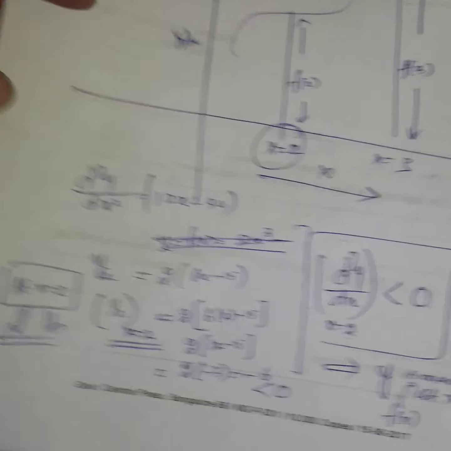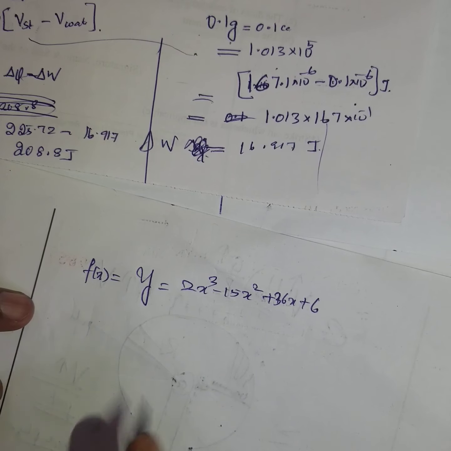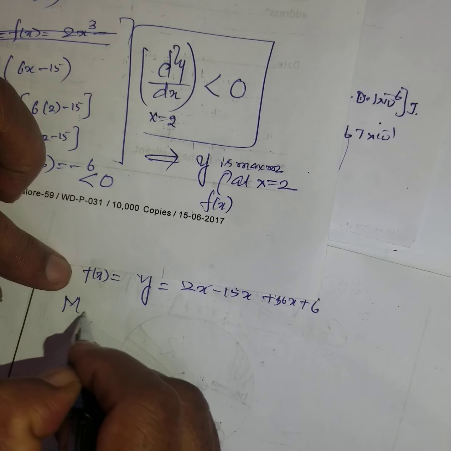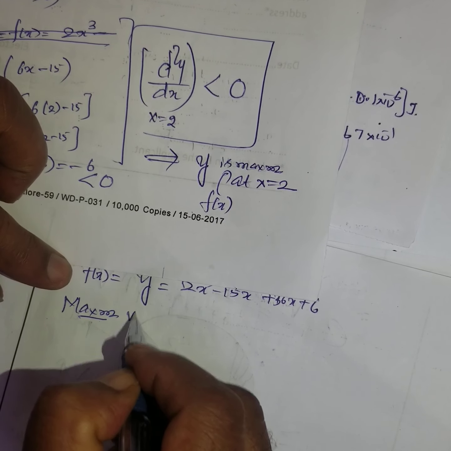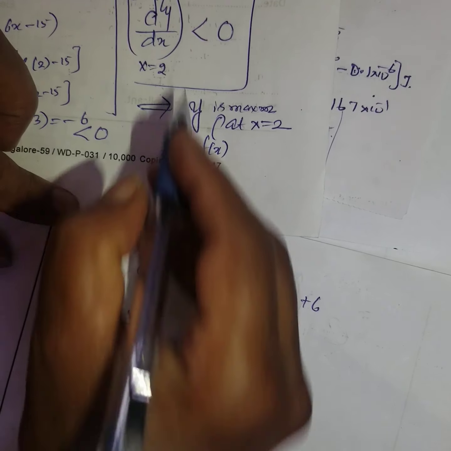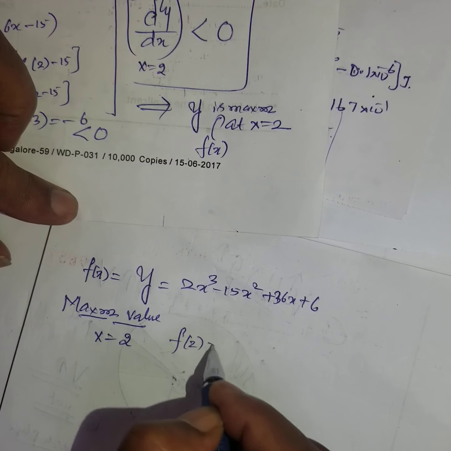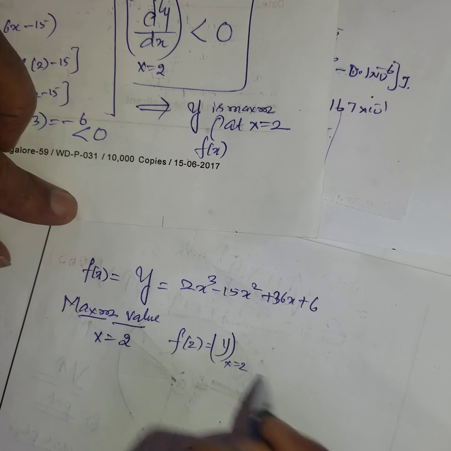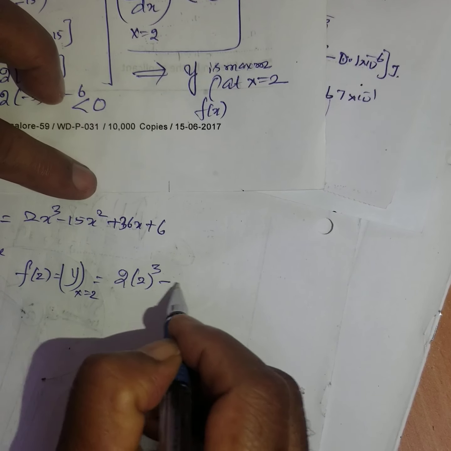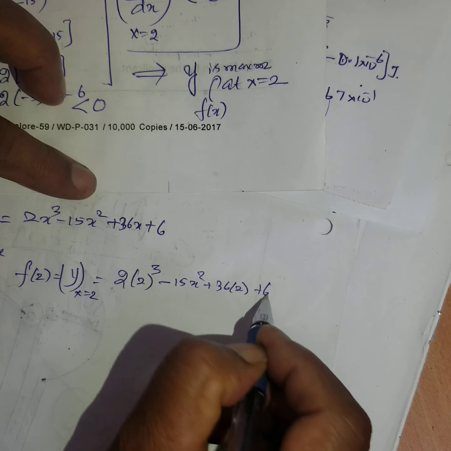What is f(x)? You know very well. This is f(x), and this is the maximum. How to find the maximum value? Put x = 2 in this. Substituting: 2 times 2 cubed minus 15 times 2 squared plus 36 times 2 plus 6.